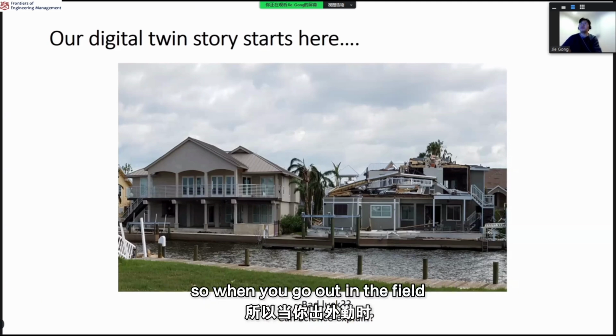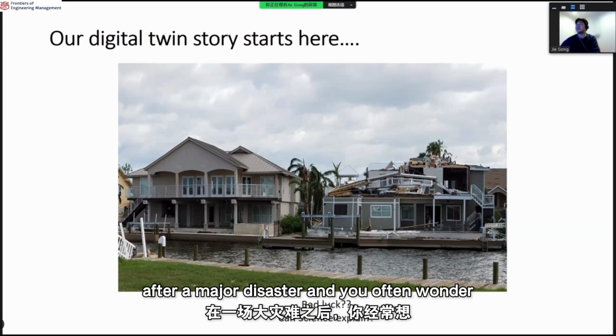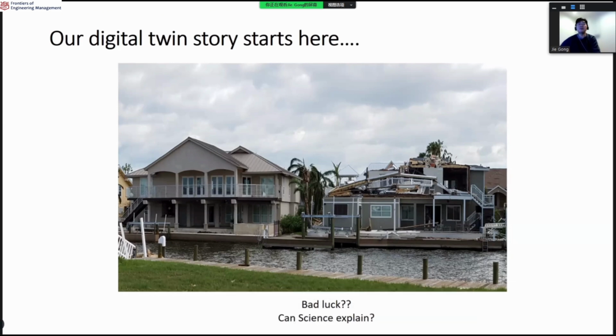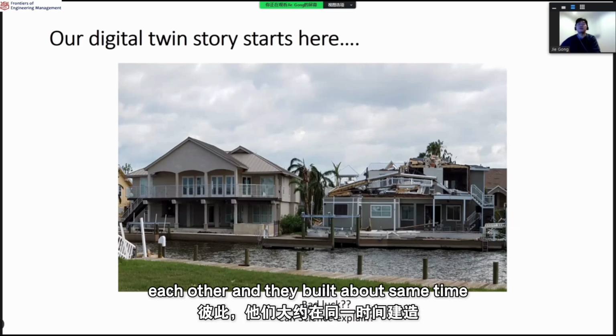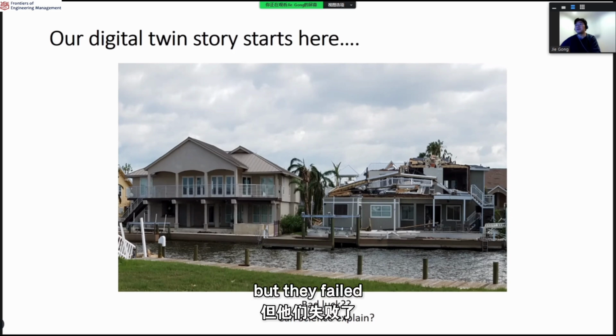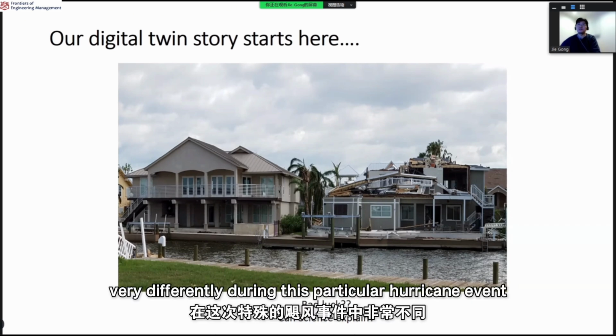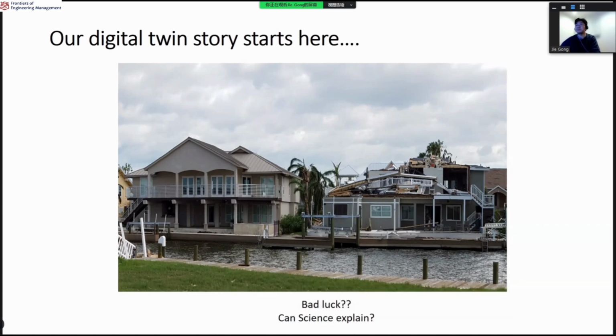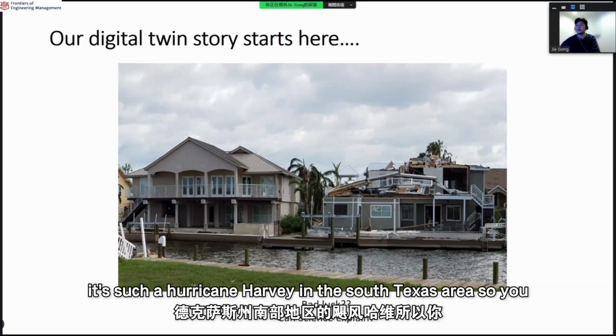When you go out in the field after a major disaster, you often wonder, what happened here? The 2 buildings were built close to each other, at about the same time, but they failed very differently during this particular hurricane event, Hurricane Harvey in South Texas.